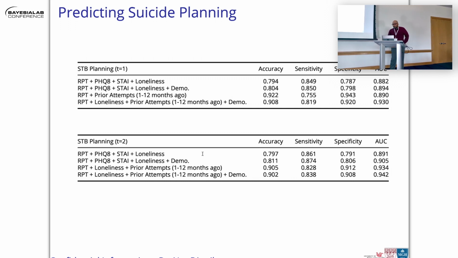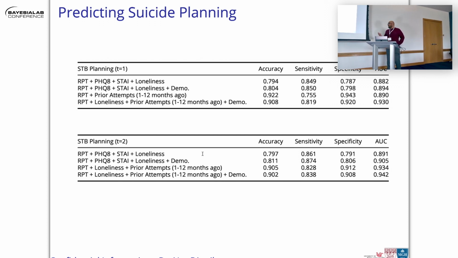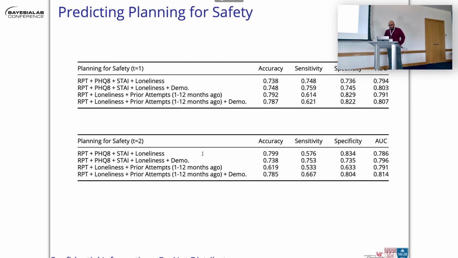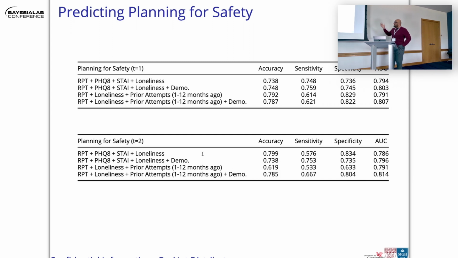And all we need of them is their preferences for risk and their aversion to risk. I must say that I was not part of the experiment and this study, so I'm not entirely sure what planning for safety means. I could give you a description of what that actually is, but I can tell you that these numbers are reasonably fine.